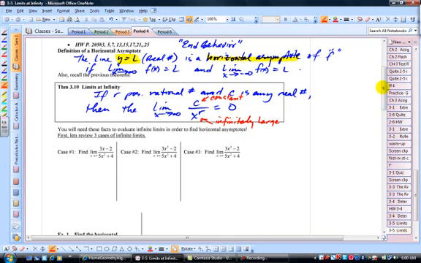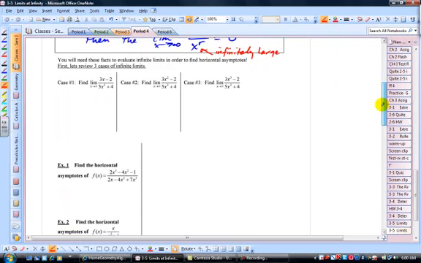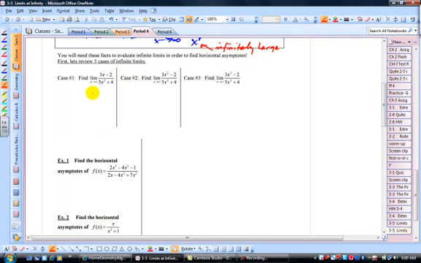We need this theorem to evaluate limits to infinity, as you'll see in these three cases as x approaches infinity. On this first limit, you notice that the degree of the numerator is 1 and the degree of the denominator is 2. So the degree of the numerator is smaller than the degree of the denominator.